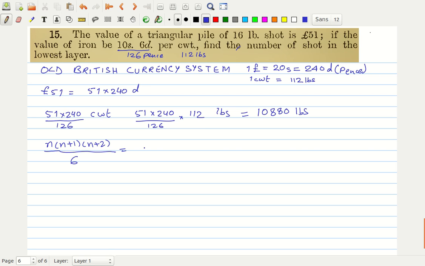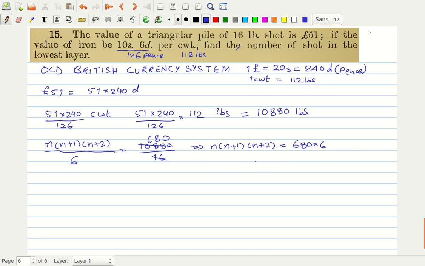This is equal to 10,880 divided by 16, because 16 is the weight of each shot. So this will be 680. Now we have an equation to solve: n times n plus 1 times n plus 2 is equal to 680 times 6.